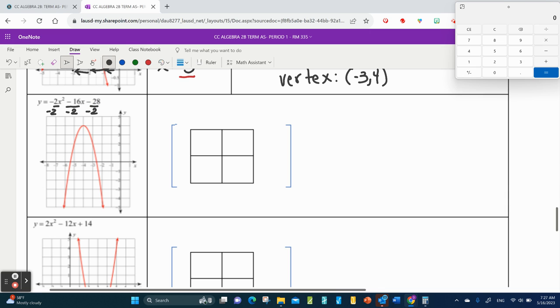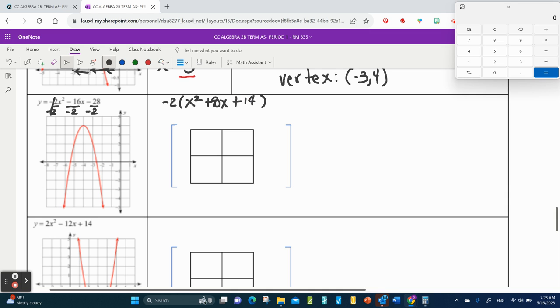Now when I do that, I'm going to cross this out, and in here I'm going to rewrite it fresh. So it's going to be in parentheses. If I divide by -2, I'm left with x squared. If I divide -16 by -2, I'm left with 8x. And -28 divided by -2 becomes plus 14.